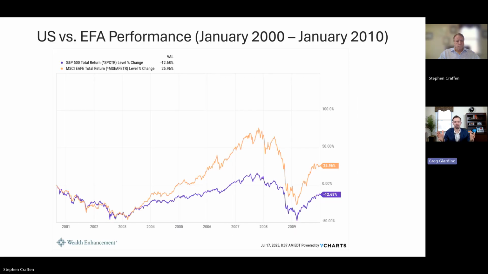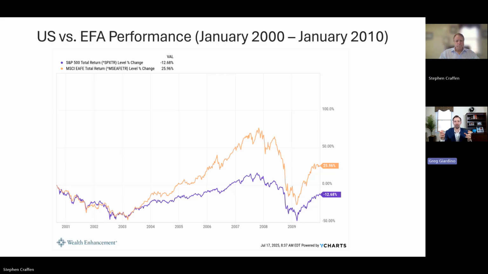And this is a nice chart here just showing you from, I believe, 2000 to January of 2010, how did the USA perform against the international index? And you can see here that they were pretty much in tandem. And then when we hit 2000 all the way to 2008, that was the lost decade. That's where the US really took a hit. I believe the average annual return was in the negative single digits, maybe 3 to 4% a year.